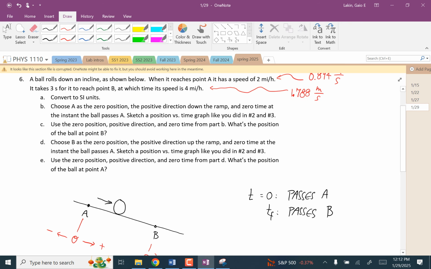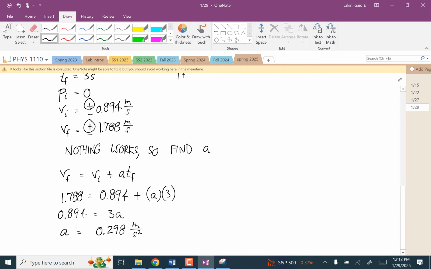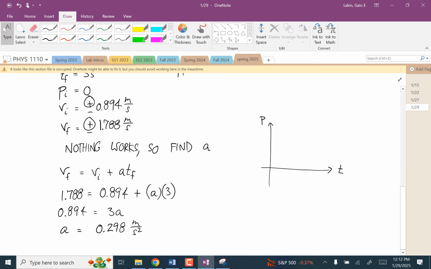Okay, and then it asks to sketch a position versus time graph. So we know that it's going from position 0 to position, oh God, I didn't even finish this problem, sorry.